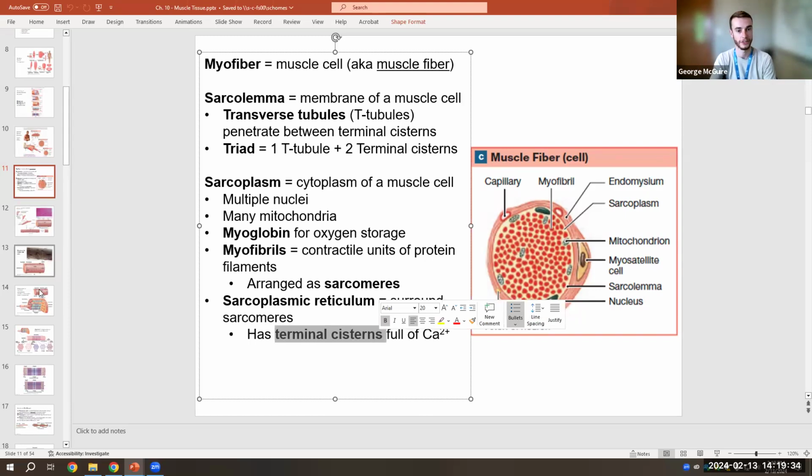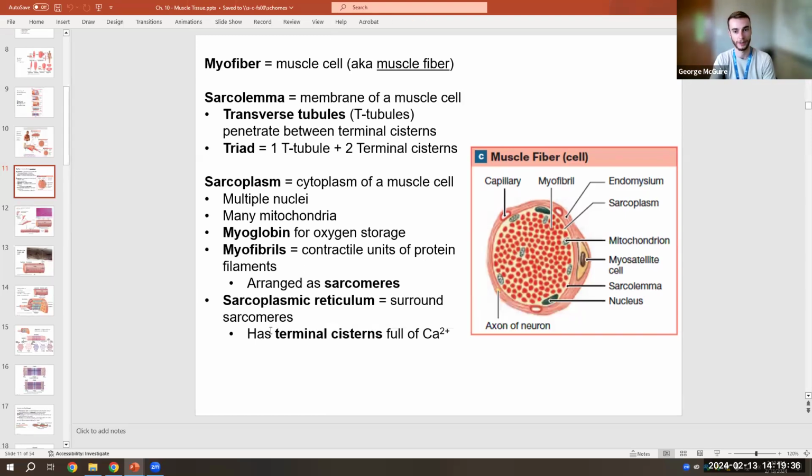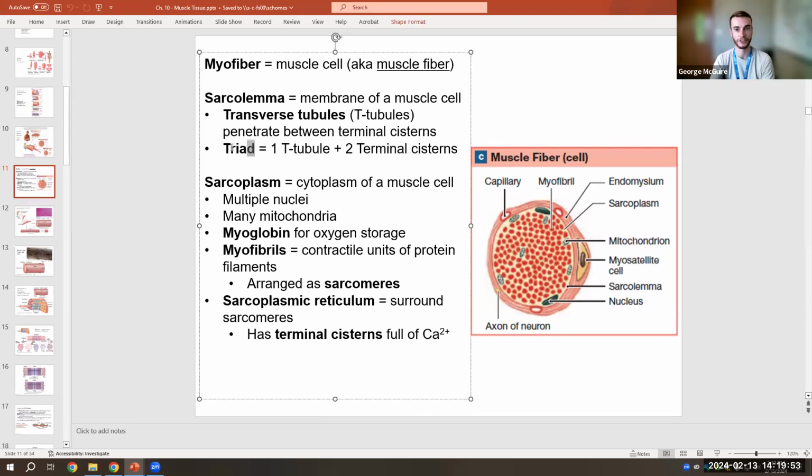And we're going to take a look at images of these things, so I'll talk about them again when we get there. But essentially the sarcolemma penetrates down to in between two sarcoplasmic reticulums, specifically at their terminal cisterns. And so we refer to one of these T-tubules with the two neighboring terminal cisterns as a triad. Okay.